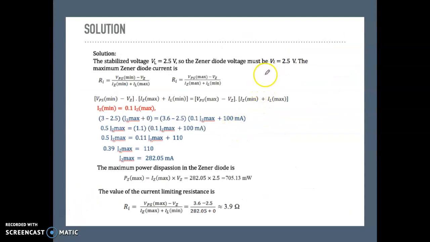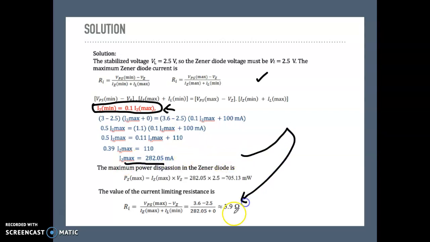Here is the solution of the question. You need to have this assumption, IZ minimum equals 0.1 IZ maximum. This assumption will be based on the question. If it changes to 0.2, you need to change it accordingly. Then you can get IZ maximum is 282.05, and then you substitute back to Ri, and you can get the current limiting resistance here is 3.9 ohm.